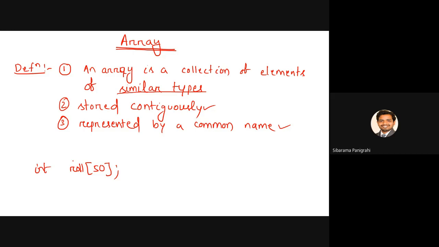Is that clear? So now let me go through the declaration of an array. I will quickly recap all the things, don't worry. How can you declare an array? You have to write the data type, space, array name, and inside brackets the size of the array.